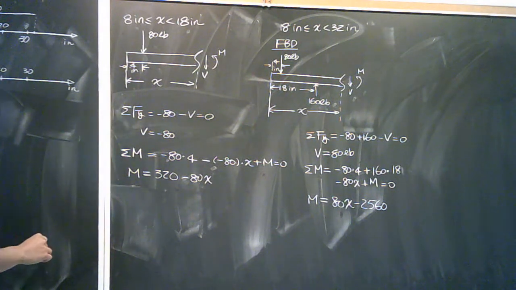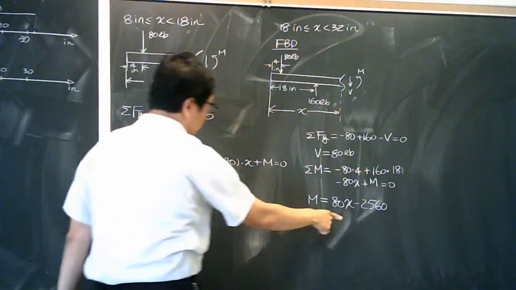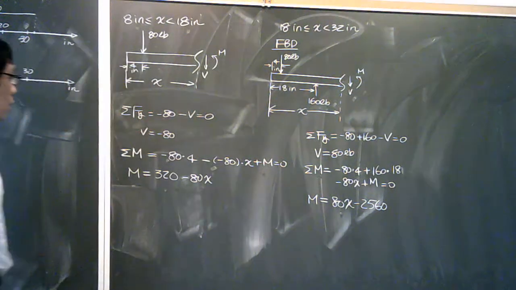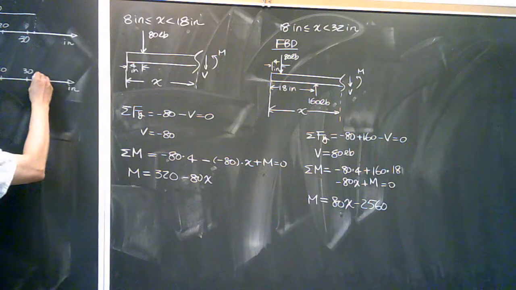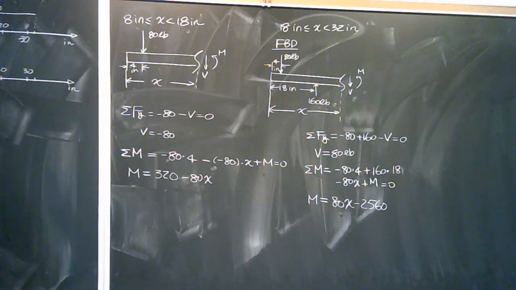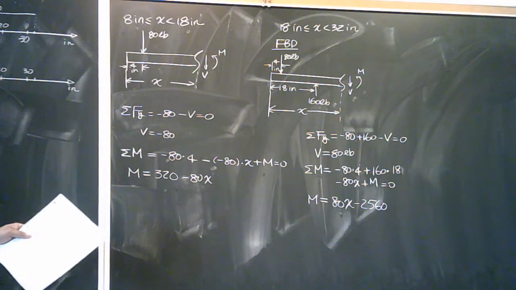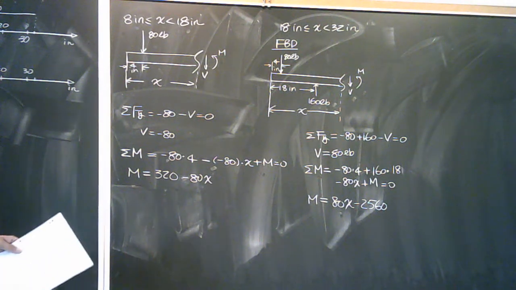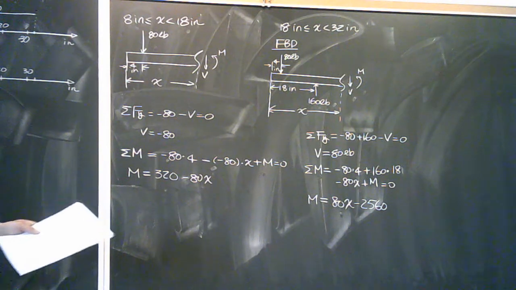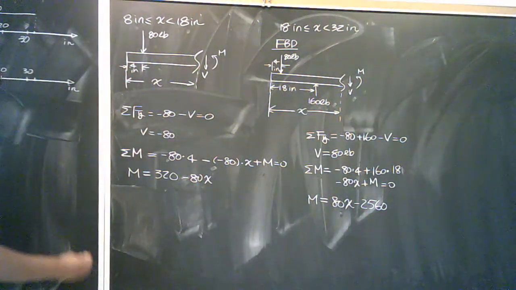So when you do this equation and you plug the number in as 32 inches, what do you expect? 0. Bending moment diagram starts from 0, ends at 0. So you can say you don't really need to have this equation, but I would grade that.